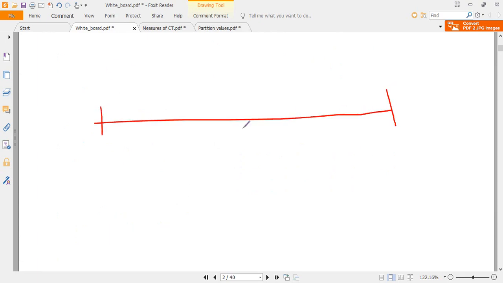If we consider this line as data, and take P50, this must be a value that divides the whole data into two approximately equal parts, that is 50% below or equal to the percentile and 50% above.